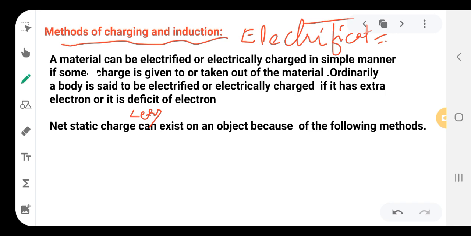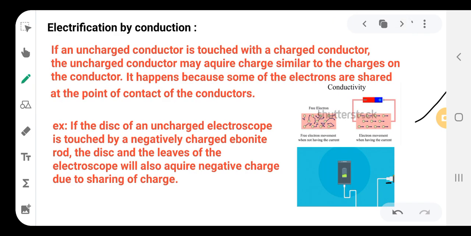Then the net static charge can exist on an object because of the following methods, the first being charging by conduction. Conduction is what we see in our daily life: we switch on the fan, the light, the TV, the fridge.